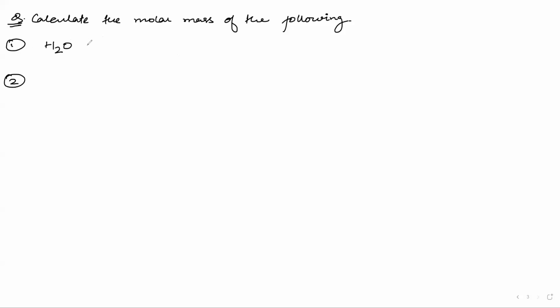Wait a second, let me run this question first. For H2O, for example, let me do this for H2O. Molar mass will be the molar mass of hydrogen, which is 1 gram per mole. How many hydrogen atoms are there? 2. Just multiply this by 2. Then add this with the next atom, oxygen, which is 16 grams per mole. Then this will be equal to 18 grams per mole.